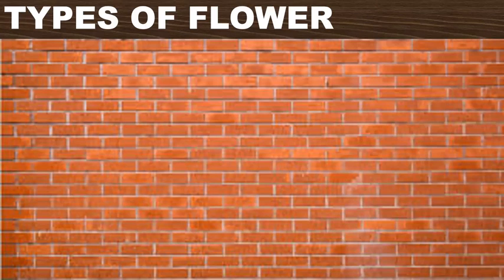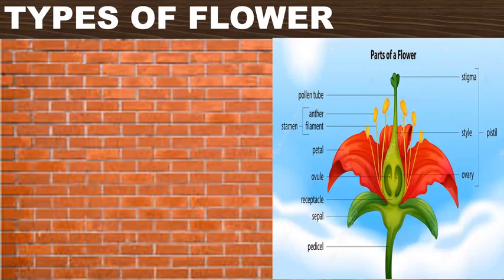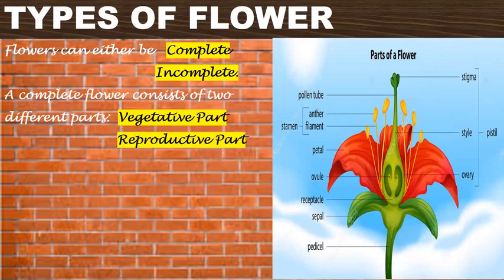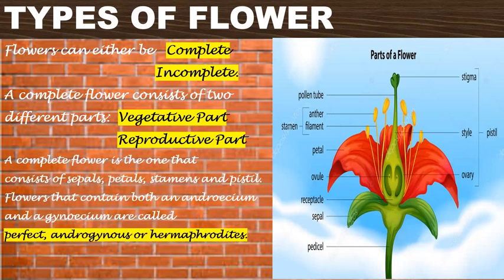Let's discuss the types of flower in a plant. Flowers can either be complete or incomplete. A complete flower consists of two different parts, vegetative part and reproductive part.